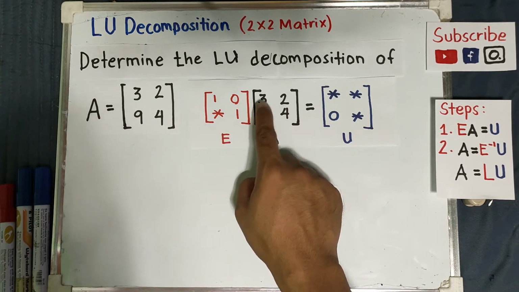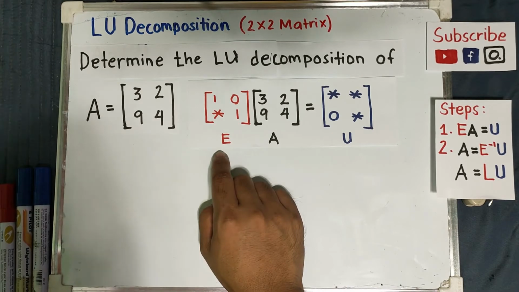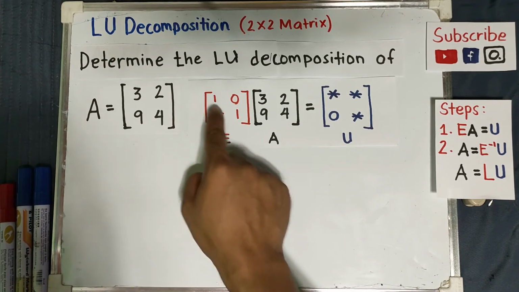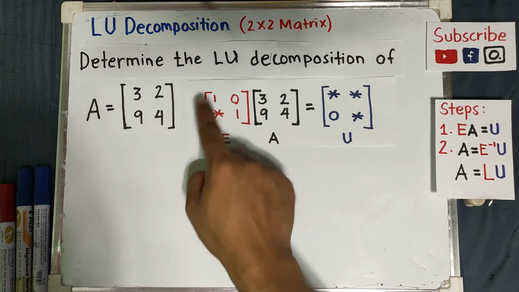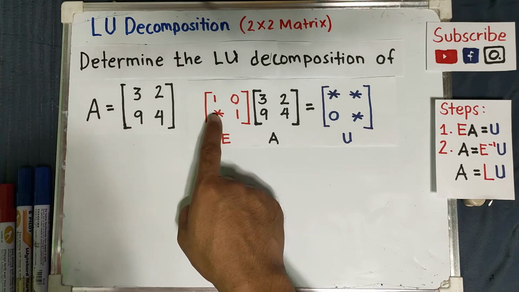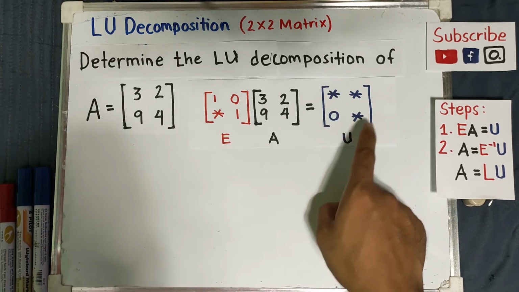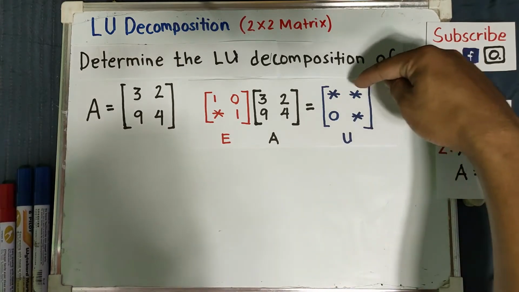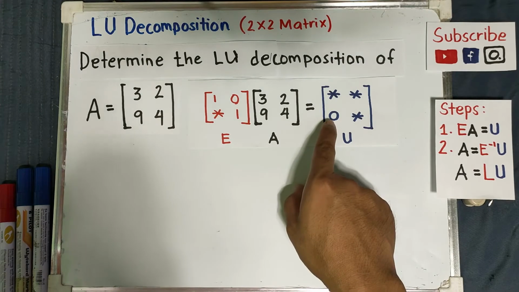So we have [3 9; 2 4], and our elementary matrix, its diagonal is 1, right? It is given as 0 above and any number here that we will get later. And here, this is our upper triangular matrix. We will have any number here in the first row, right? And always 0 here.